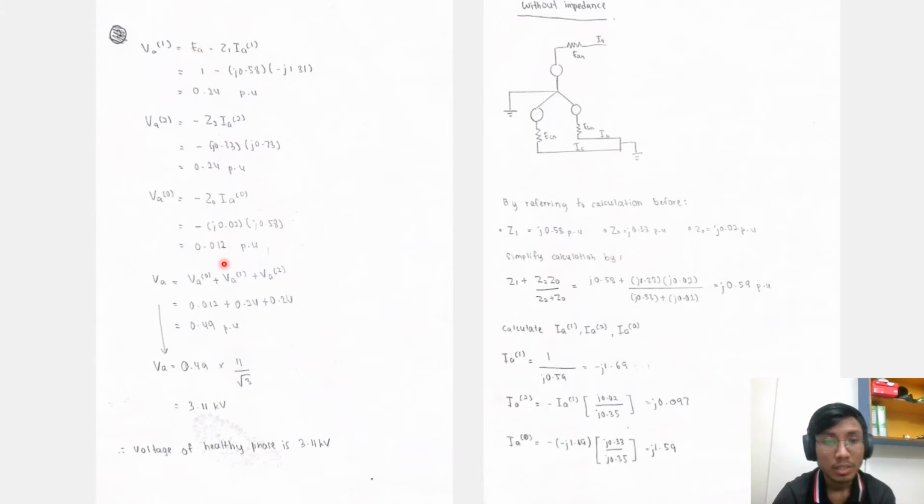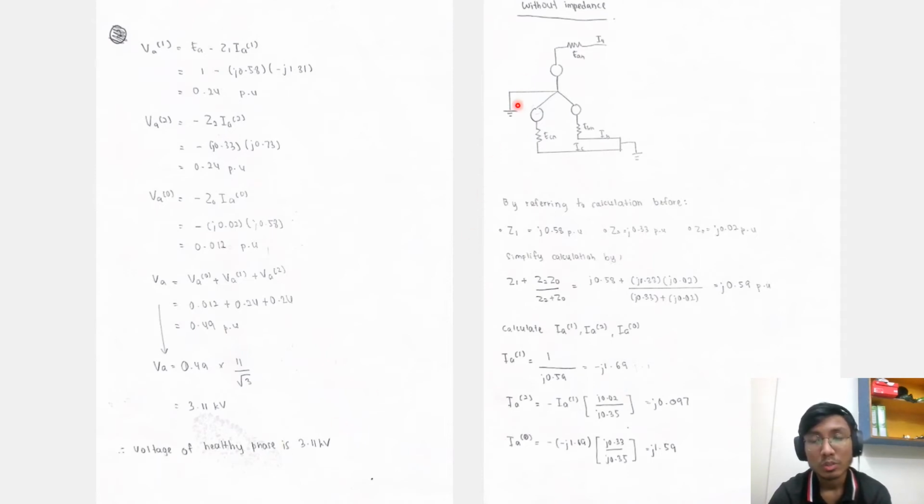After that, we sum VA0, VA1, and VA2 to obtain VA, also in per unit. To obtain VA in kilovolt, we multiply the answer by 11 kilovolt over square root of 3, and we obtain 3.11 kilovolt, which is also the voltage of the healthy phase.